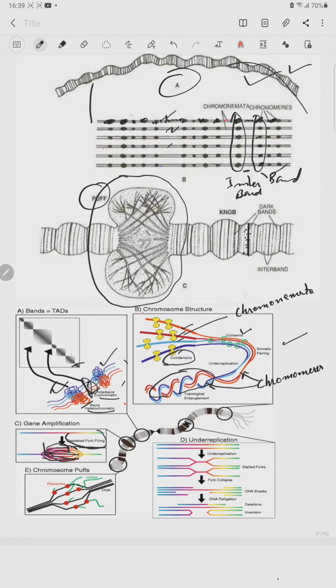That is, puffs are the sites where active genes are present, which are highly transcribable and produce a large number of mRNA molecules. These mRNA molecules are trapped at this site or puff region. These mRNA molecules are used at the time of development of the organism.